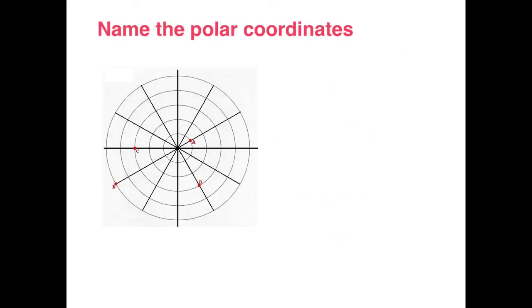Now, naming the coordinates of a polar point, we're going to do the same thing. We're going to label first the radius, then the angle. Let's do it in degrees right now. Let's say that's 30 degrees, and each one of these is 1.